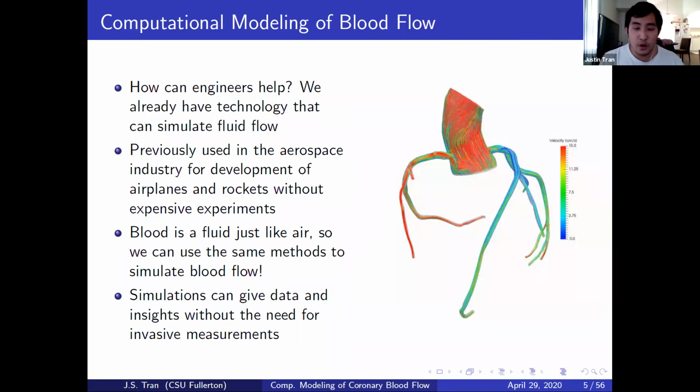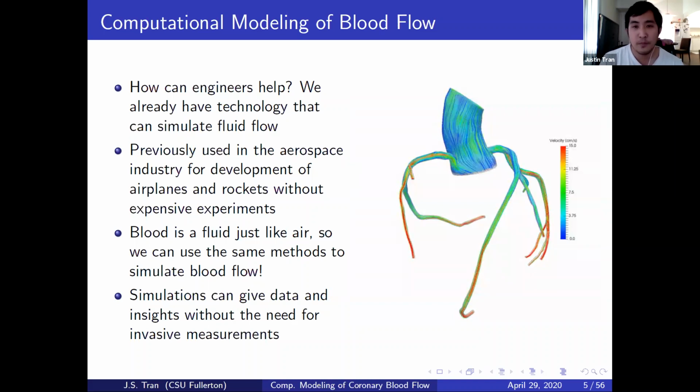So now we can start to ask, as engineers, how can we help? As engineers, specifically as aerospace engineers, we've already developed technology that can simulate fluid flow. In the aerospace industry, we've developed a tool called computational fluid dynamics, and it was developed with the intent of helping to develop airplanes and rockets without doing costly experiments.